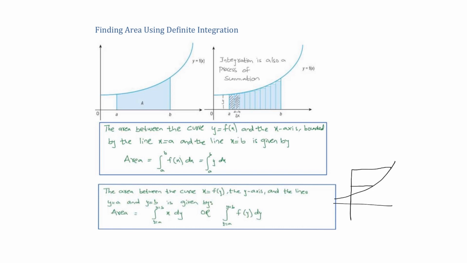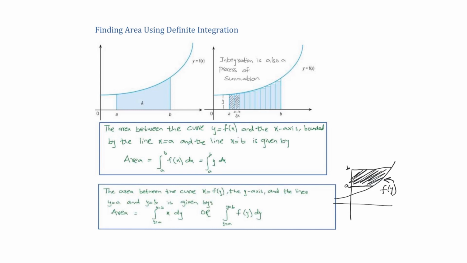So the first thing that you need to have is the function in y. So whatever the equation of this function was, you need to make x the subject so that this function can become a function of y. Now you need to integrate it from here to here. So this is the region that we need to find the area for.